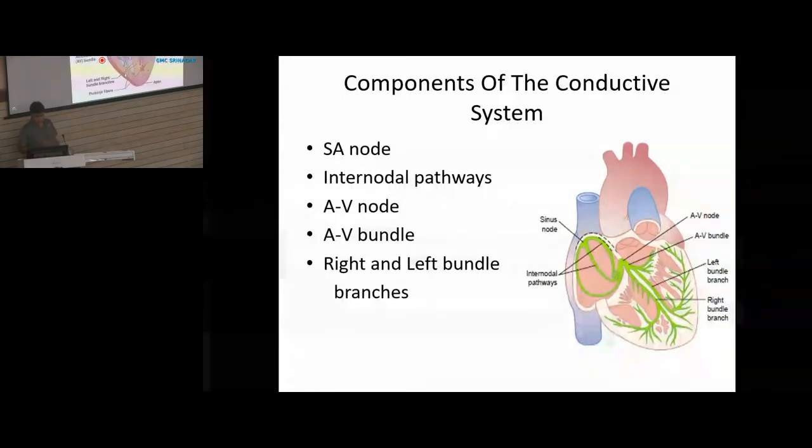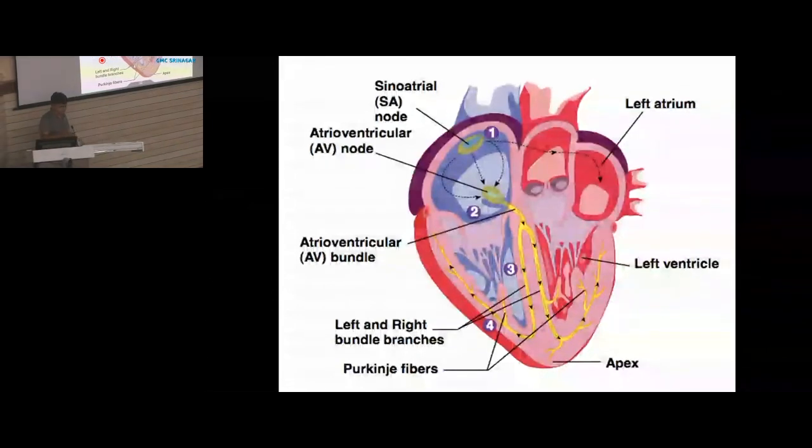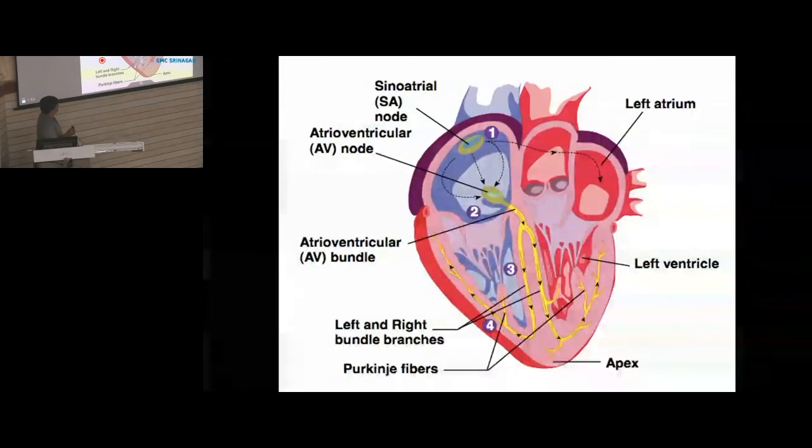So this is a more elaborate diagrammatic representation of the conduction system of the heart. You can see this is our SA node, sinoatrial node, located in the right atrium, and then these internodal pathways connecting it to the AV node, and then this bundle of His arising from AV node, piercing this fibrous tissue, and then it reaches the tip of the interventricular septum here.